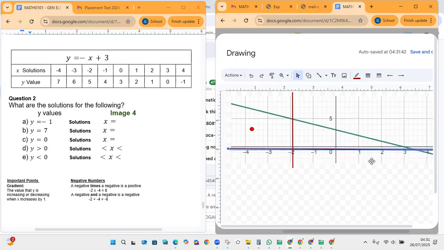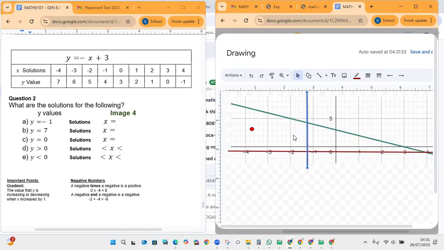So here is -1. That's 0. That's 1 up there. Below there is -1. So let us find the x for this. That's where these two lines intersect on the green graph, and it appears to be 4. Okay? So when y is equal to -1, the x solution is actually 4.